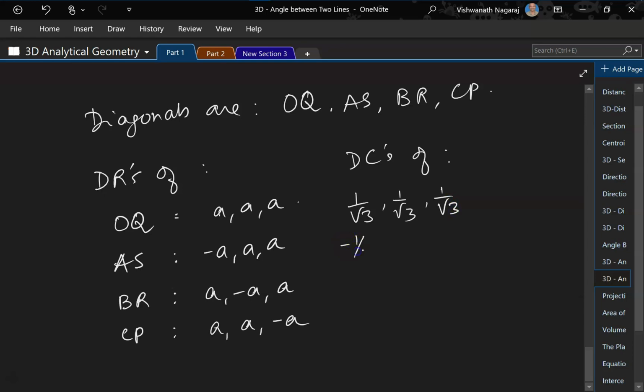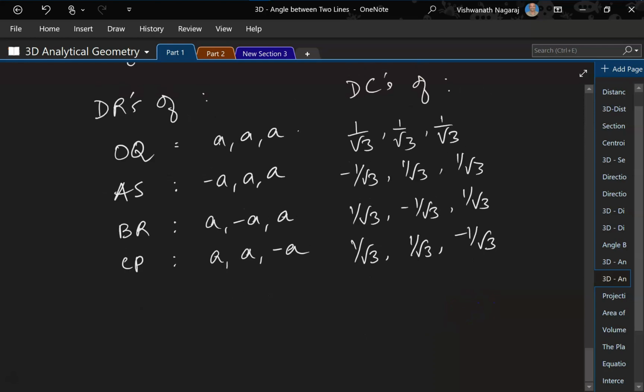In this case 1 by root 3, 1 by root 3, 1 by root 3. In this case 1 by root 3, minus 1 by root 3 and 1 by root 3. Here 1 by root 3, 1 by root 3 and minus 1 by root 3. So we have got the direction ratios and direction cosines of the diagonals.